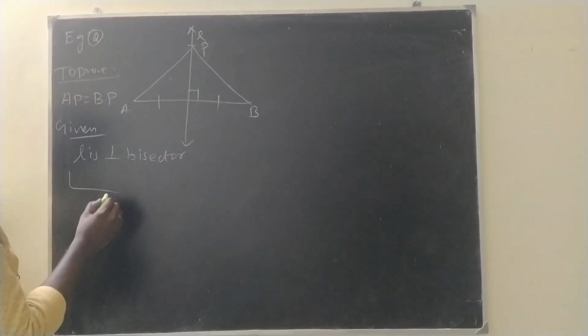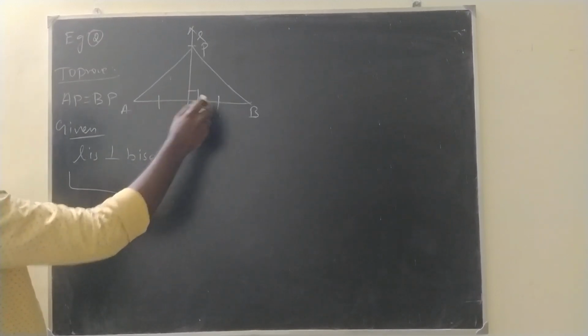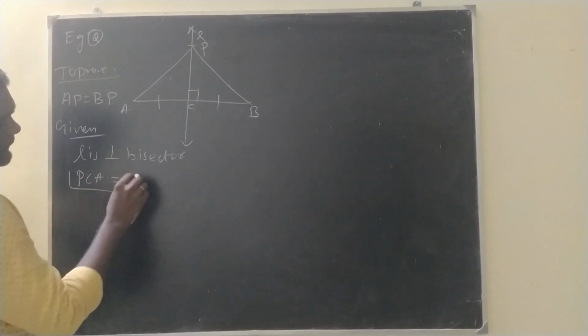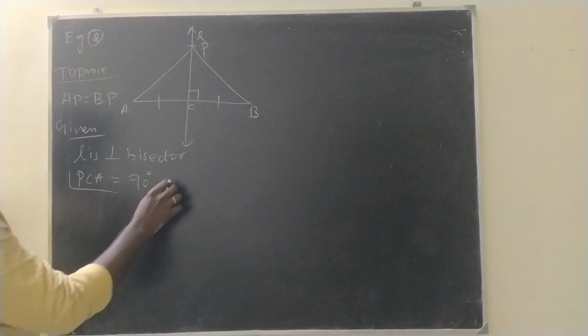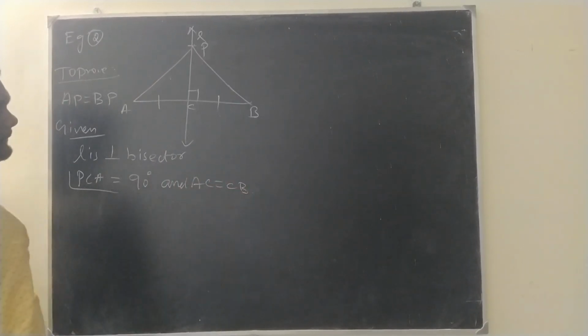And shall we name this point as well? I will name this C. Angle PCA is 90 degree, and AC is equal to CB.